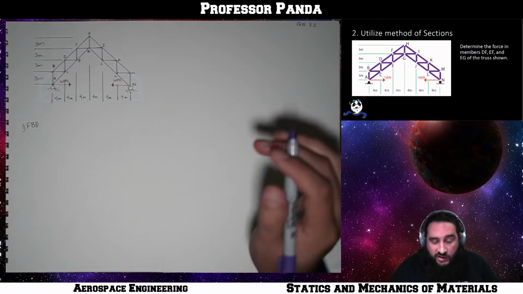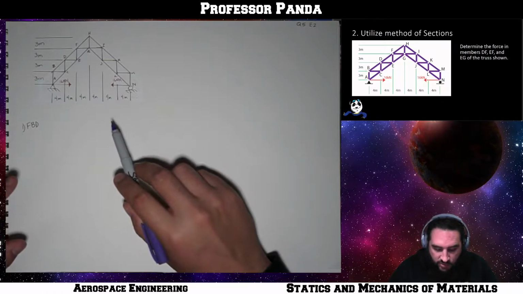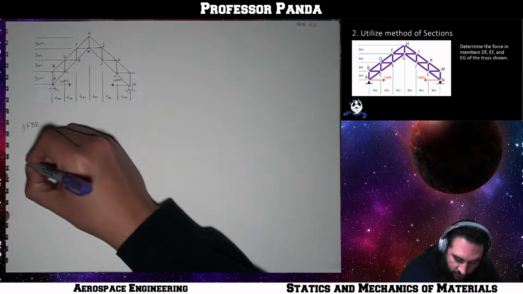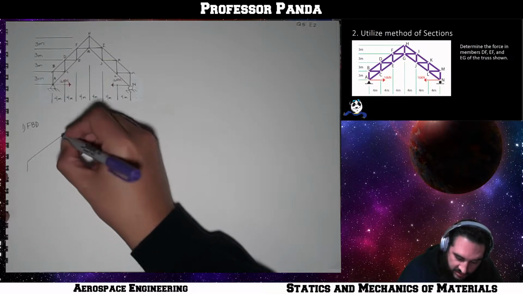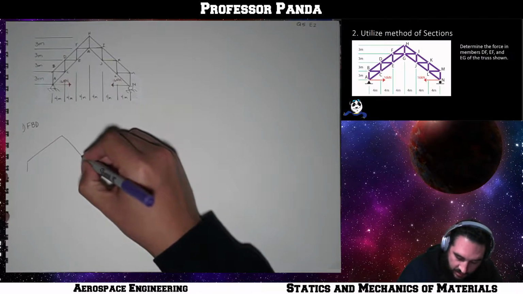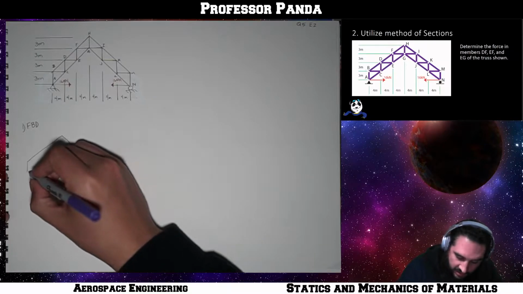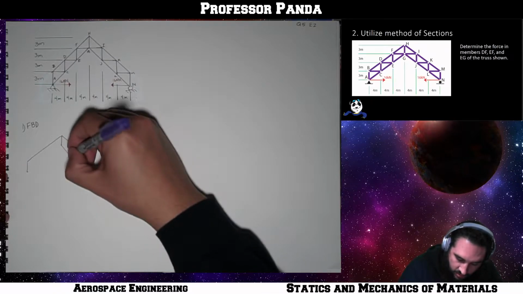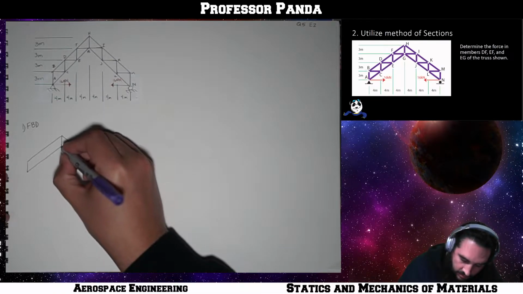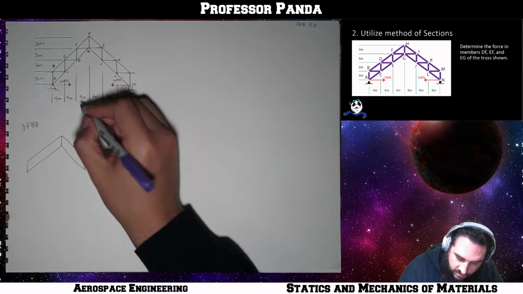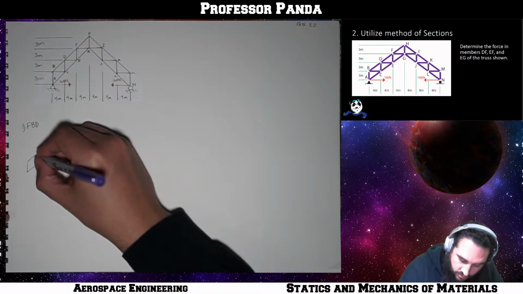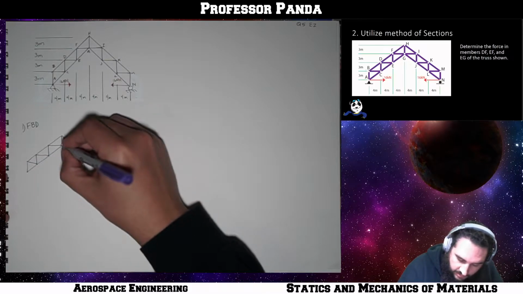Students are generally going to want to solve for the reaction forces first. So let's go down that rabbit hole and see if it's fruitful. Quickly sketching out my free body diagram. This goes here. And 1, 2, 3. 1, 2, 3.